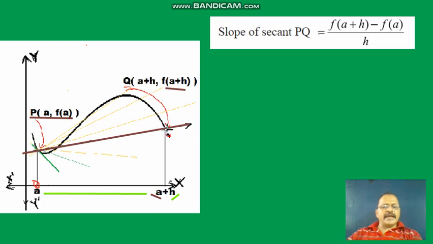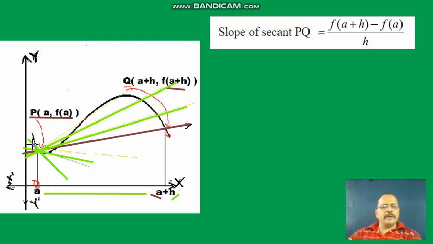So this secant has new positions like this. This is the first position, then the second position, and gradually it will come here. Afterwards, it will become tangent at point P.